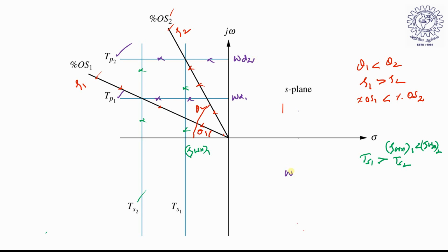So omega D1 is less than omega D2. Obviously your peak times are inversely proportional to omega D, so when omega d is lesser, your Tp1 is larger than Tp2. That information we can gather from this.